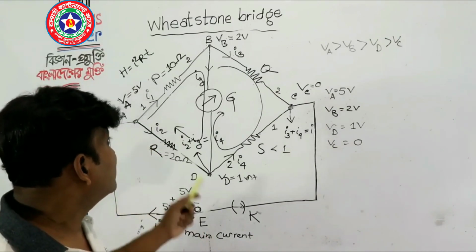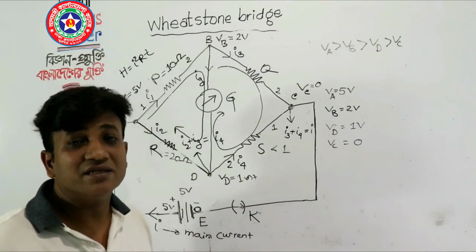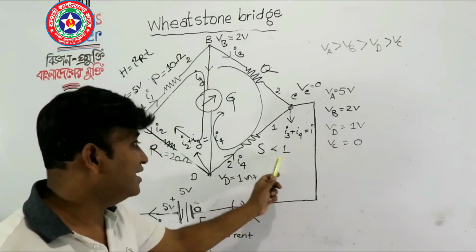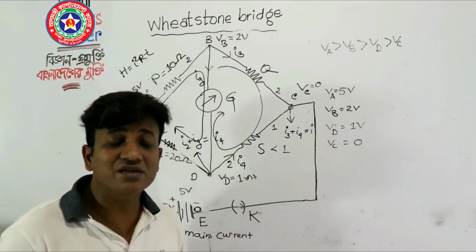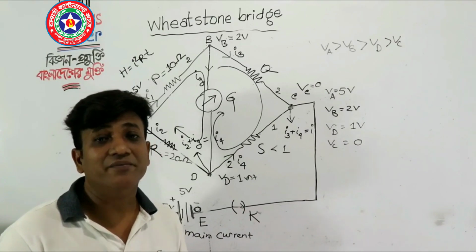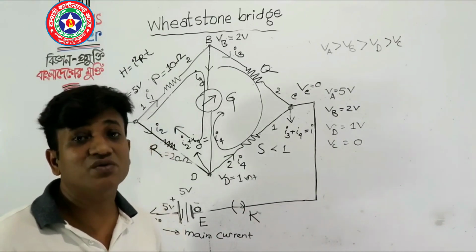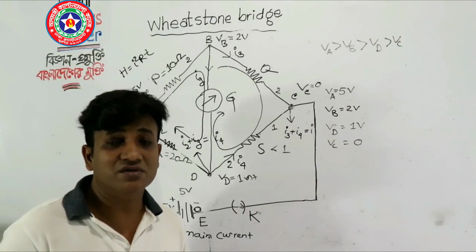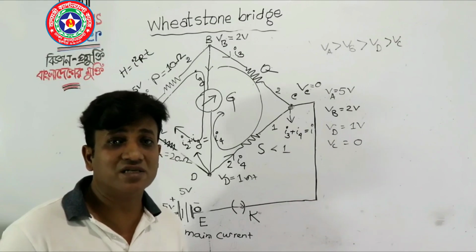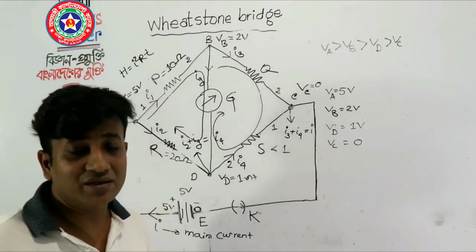That's why the resistance of the wires is near to the resistance of the conductor S. Therefore, we cannot determine accurately the null point in this case. That's why it is not possible to determine the resistance of a conductor whose resistance is less than 1 ohm, or low resistance.